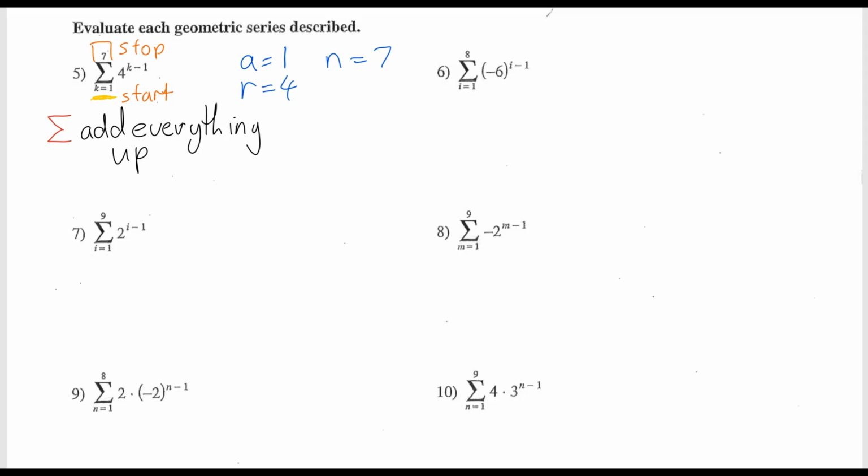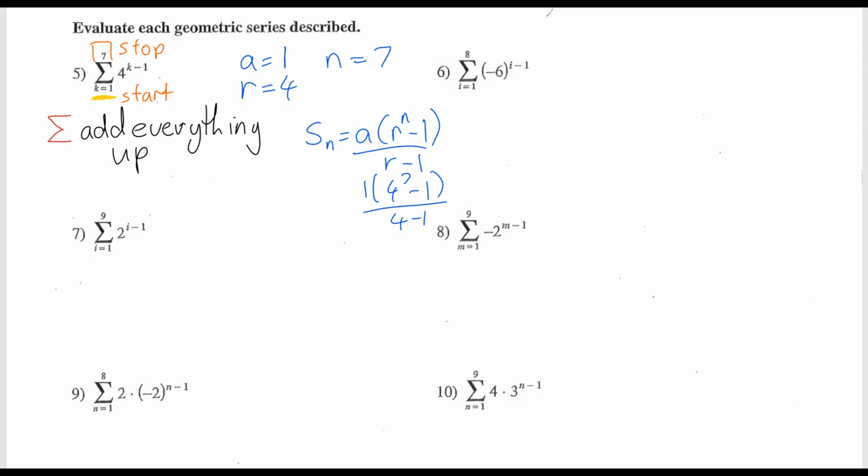Okay? So now I'm just going to write it all out in the formula. Sn, our sum of our sequence, equals A outside of R to the n minus 1 over R minus 1. Okay, substitute in the numbers. 1 outside of 4 to the 7 minus 1 over 4 take 1.